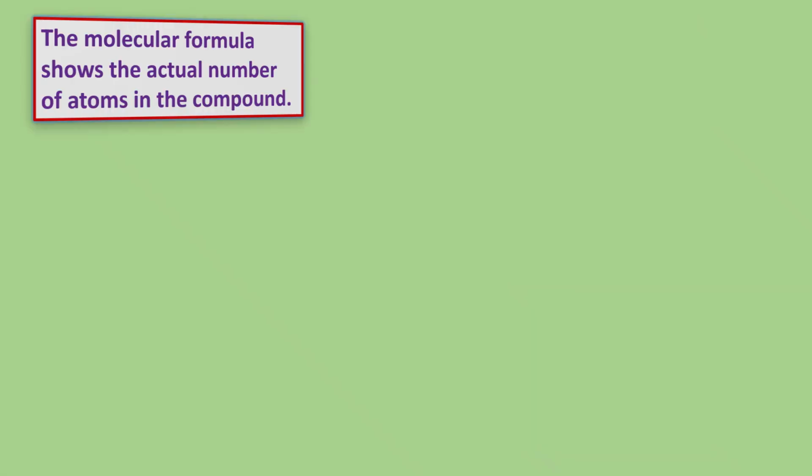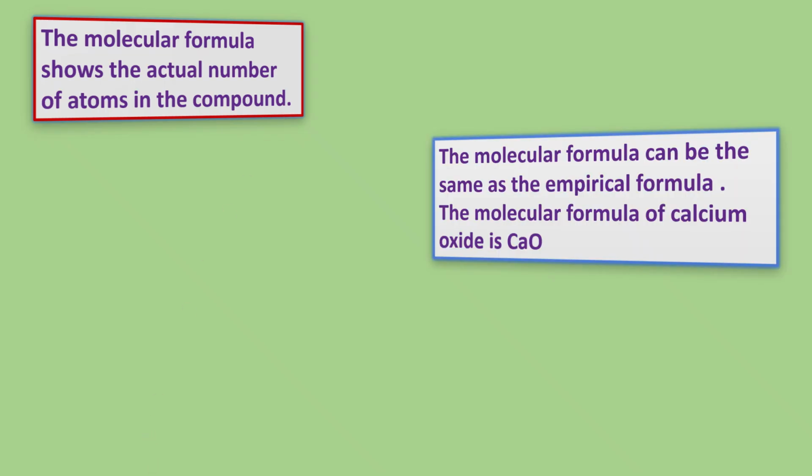There is another formula which is called the molecular formula. The molecular formula shows the actual number of atoms in the compound. Now, the molecular formula can be the same as the empirical formula, such as calcium oxide. The molecular formula of calcium oxide is CaO, the same as the empirical formula.